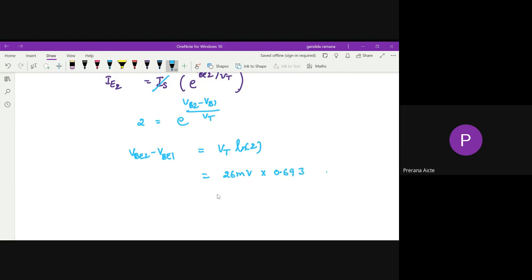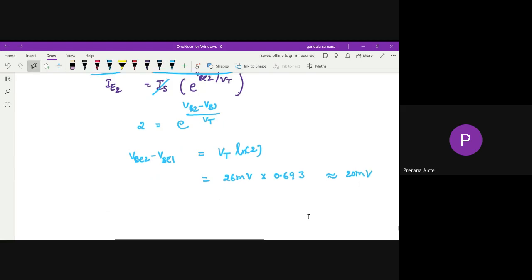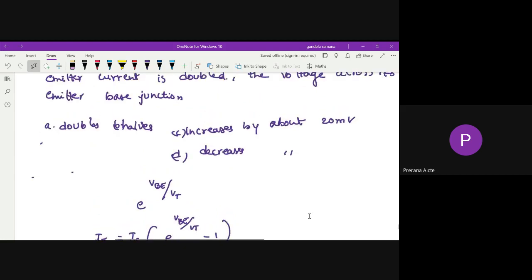So approximately it is equal to 20 millivolts. So the option is increased by 20 millivolts.